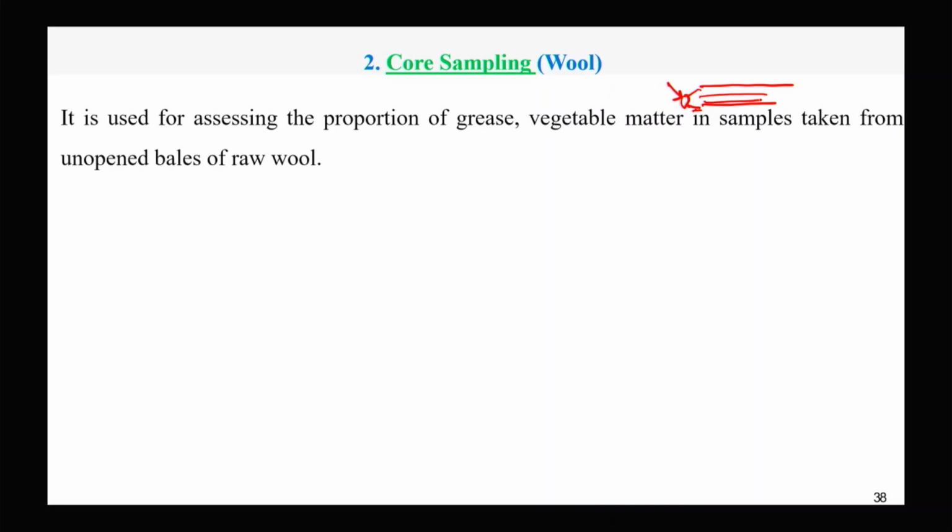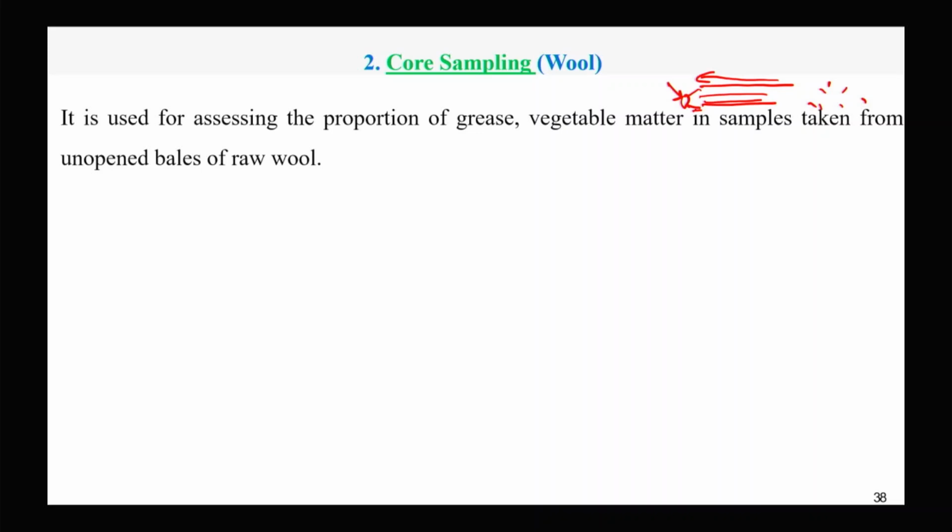The core inside is hollow. When we push this coring tube inside the bale, the fibers are cut and it penetrates. What we get inside the coring tube are small cut fibers. As the fibers are being cut, we cannot test the fiber length.